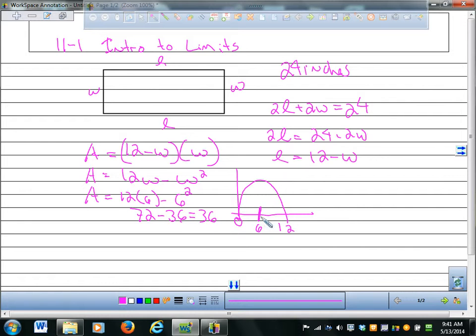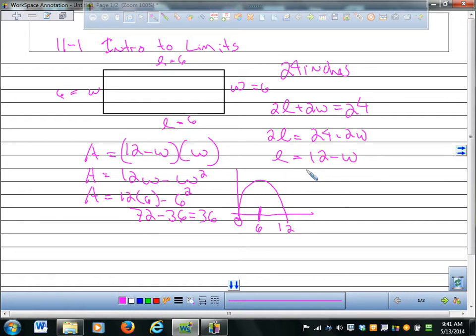So if I want to maximize the area, I would make the width equal to 6. W equals 6. What would each of these have to be if L equals 12 minus W? 6 and 6. And so what shape would this actually be? It would be a square, if I want to maximize area.